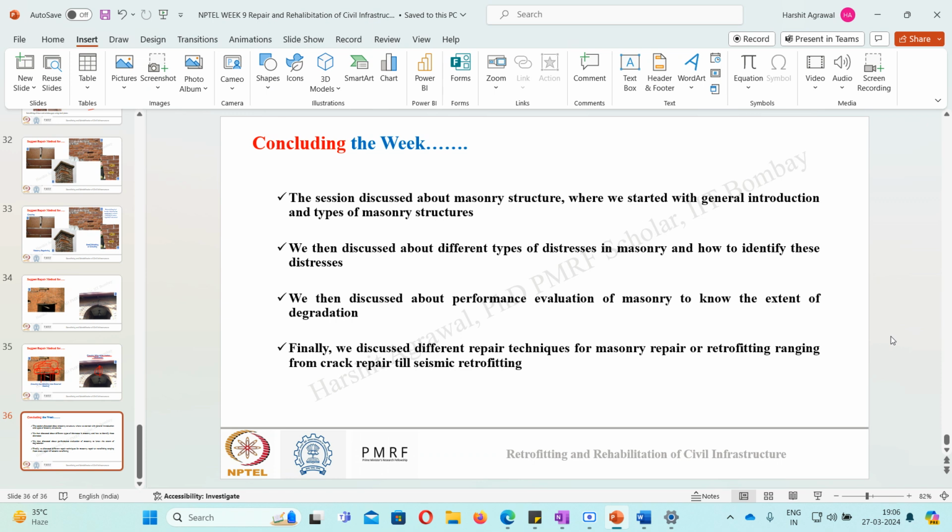In this, we saw visual inspection, non-destructive testing, and destructive testing. And finally, we discussed different repair techniques that are possible for masonry repair or retrofitting, ranging from crack repair to seismic retrofitting, and we saw a few examples for that. Okay, so this was all for this week.